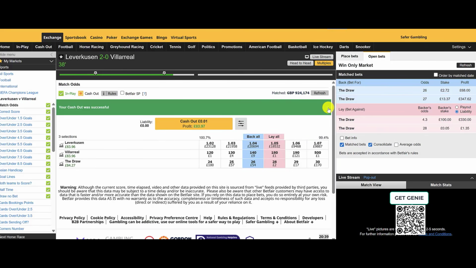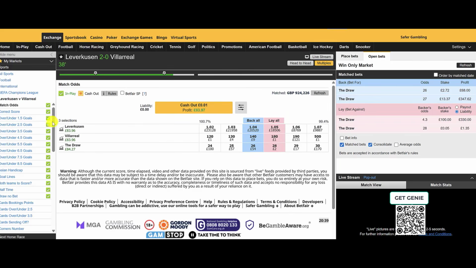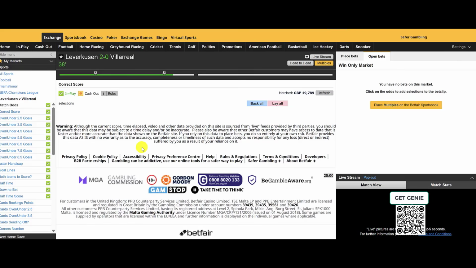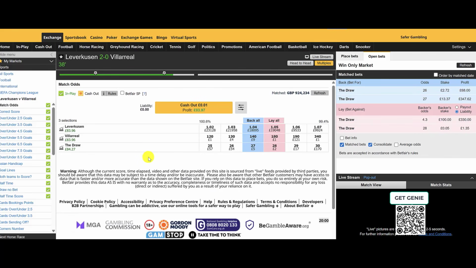So obviously do keep in mind, we've made green on the match odds market, but there was the insurance on the correct score, which is obviously going to take away from that green. Always important to mention that. But anyway, we followed the AI. The AI did suggest, look, lay the draw, cover that 1-1 as insurance. Did we need to cover the 1-1? Obviously, in hindsight, we didn't.